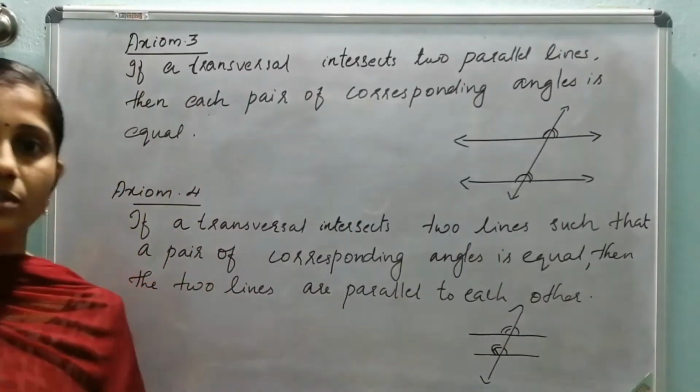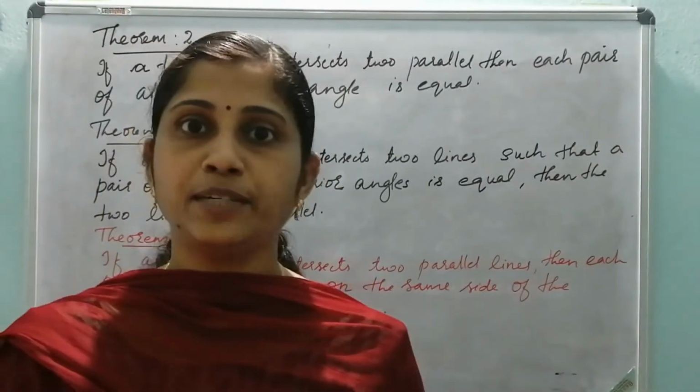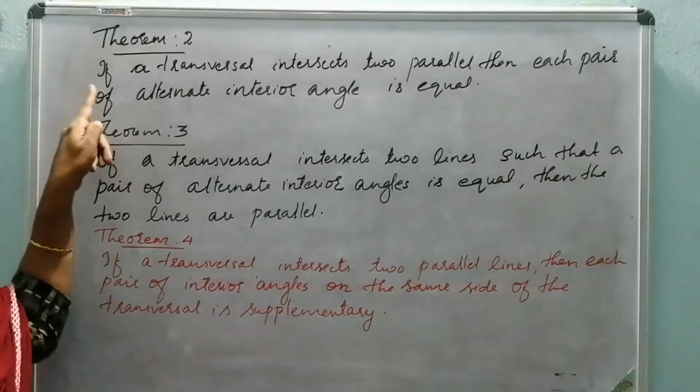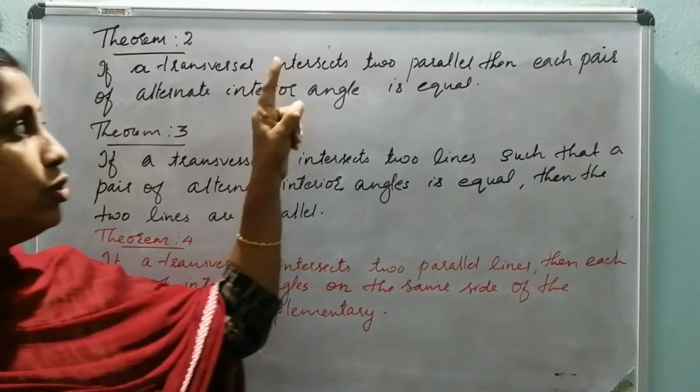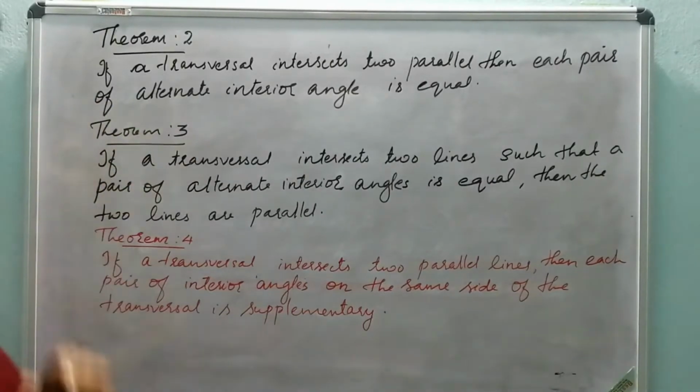Okay, then we can move on to the theorems. Now we can look at theorem 2. What is the theorem statement? If a transversal intersects two parallel lines, then each pair of alternate interior angles is equal.